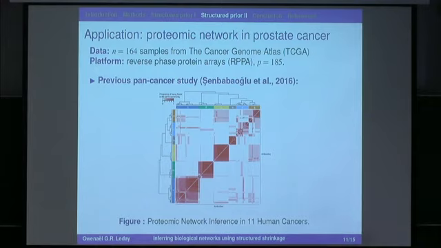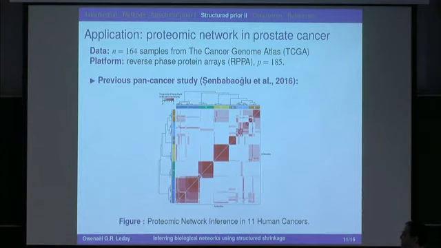I chose a different type of application, which is quite interesting because there's a lot of different prior knowledge available. The idea is that we have 164 samples from the Cancer Genome Atlas. It's protein expression, and we have 185 proteins.